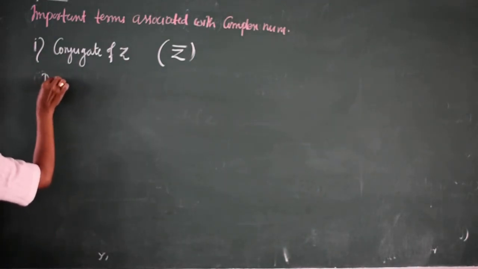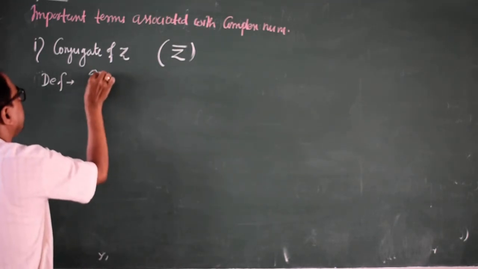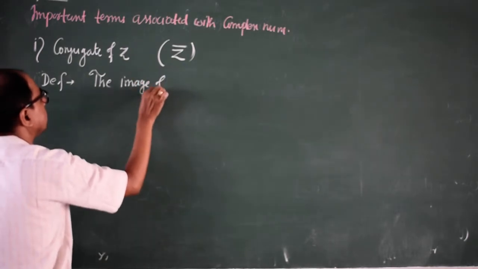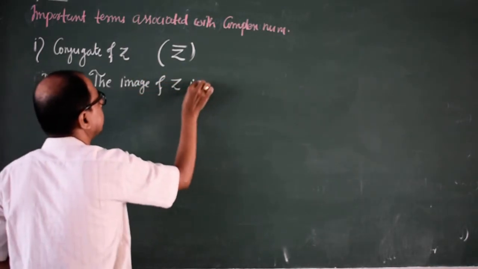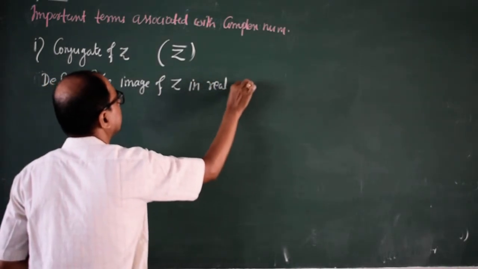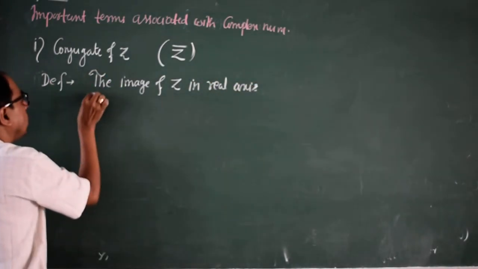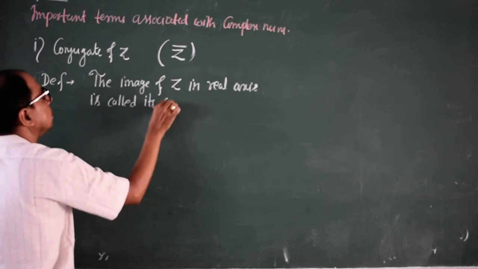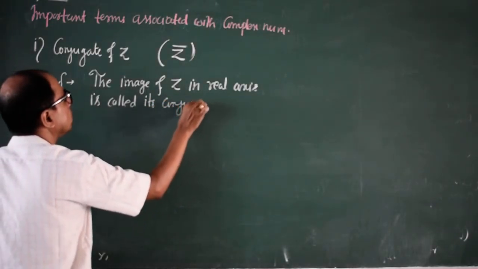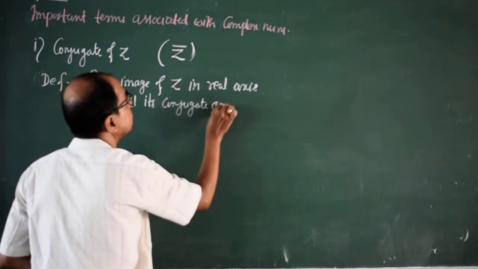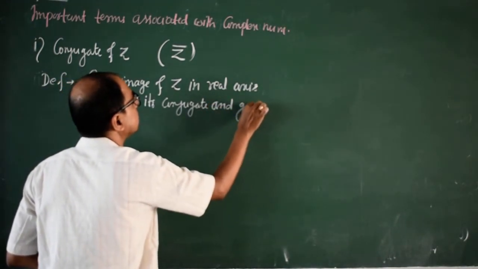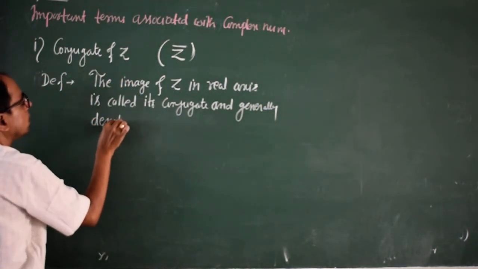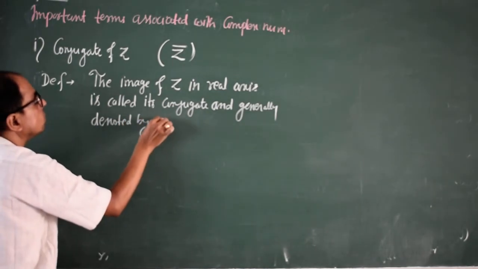Its definition is: the image of z in the real axis is called its conjugate, and it is generally denoted by z bar.